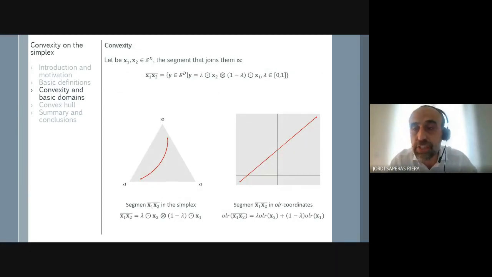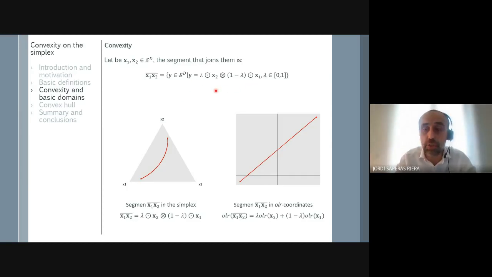The definition of segment in the simplex presented here is the key to understanding convexity on the simplex. As we have done previously when defining the Euclidean subspace, we now define the segment that joins two points as the linear combination that takes us from one point to the other, using the operations of perturbation and powering.